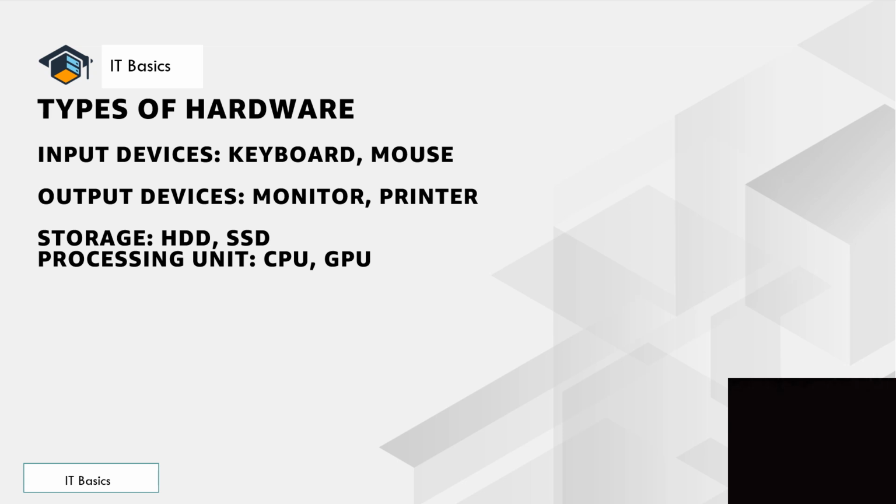We'll go through types of hardware from scratch, like keyboard and mouse, which are input devices. Output devices like monitor or printer. For storage where we can save data, there are hard disk drives and SSDs. For processing units, CPU and GPU. I'll show you the pictures too.